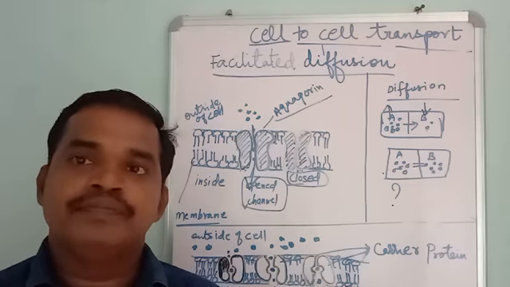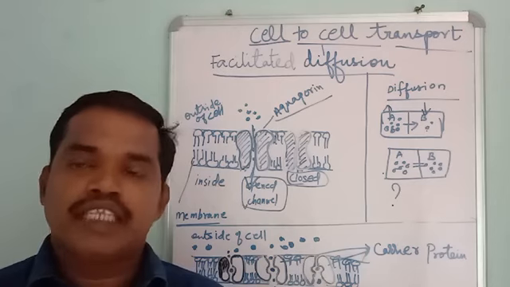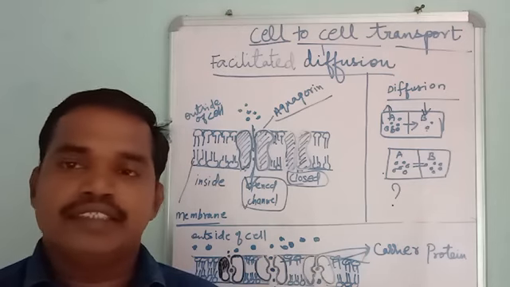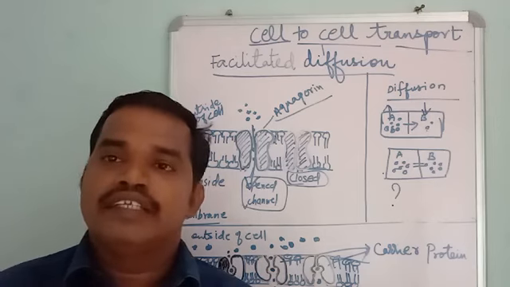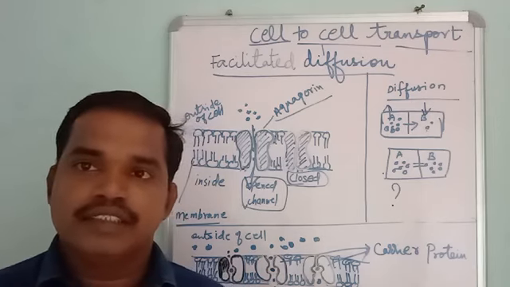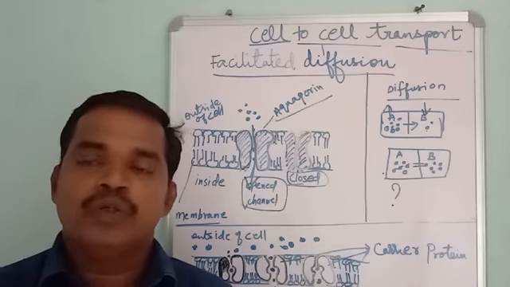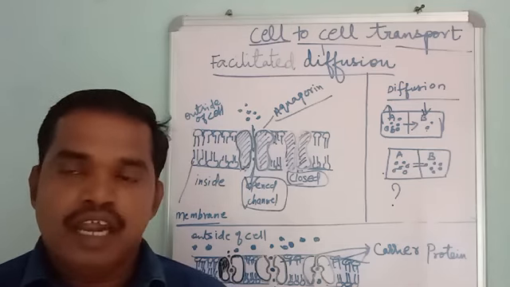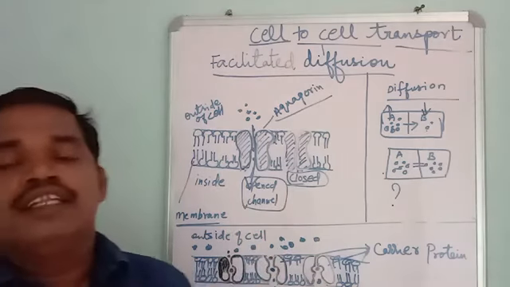Am I right? Okay. Sometimes the transport of substances takes place over a short distance or a long distance. Based on the distance, it is classified into short distance and long distance transport. Which ones play a role in cell to cell transport?